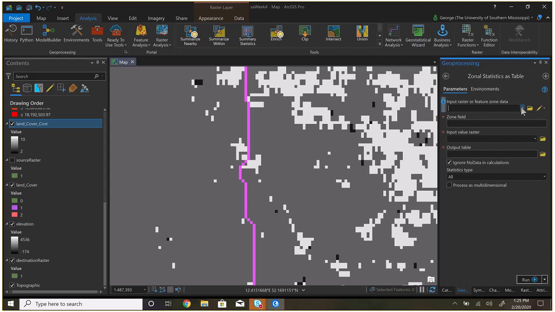So right there, I put my cost path. The zone data, yes, would be the cost path. Yep. The zone field is just the value. So what about the value raster?